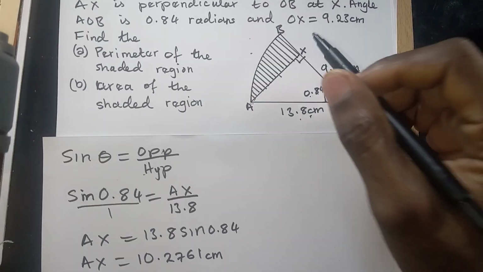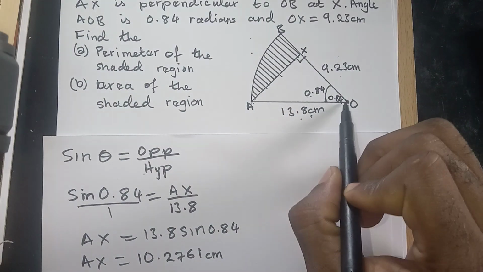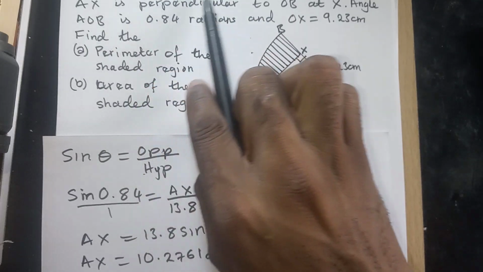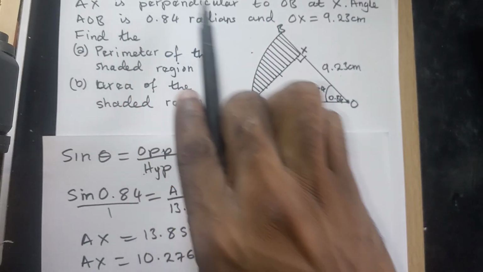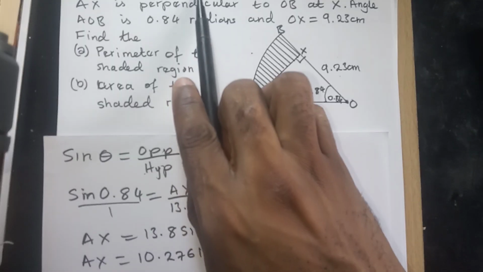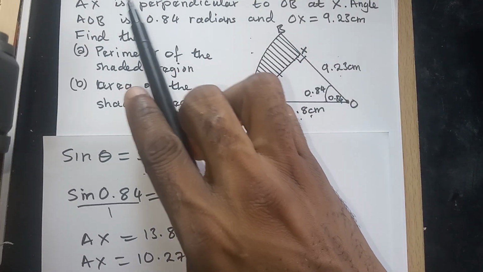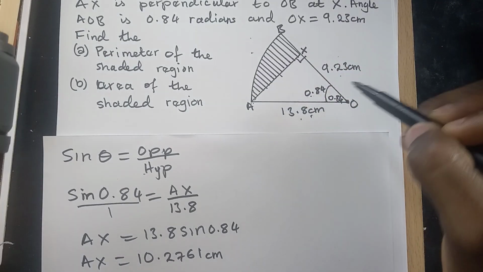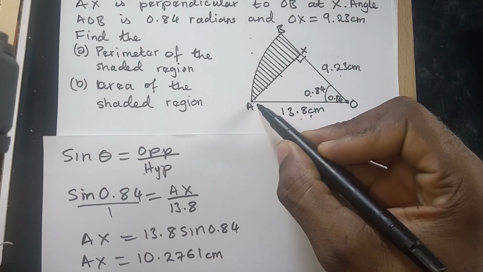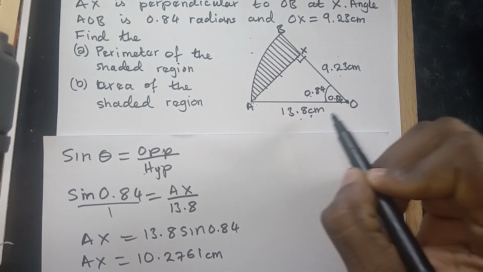And then our XB, let's find our XB. We know that this is a sector. How do we know that? We've been told in the opening statement that OAB is a sector of a circle. So if this is a sector, then this is the radius and so is this. If this is 13.8, then from here to there, we also have another 13.8.